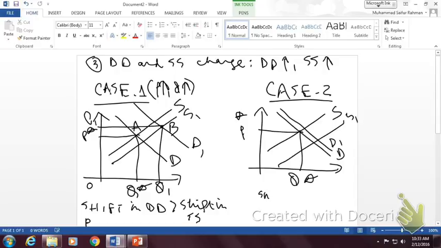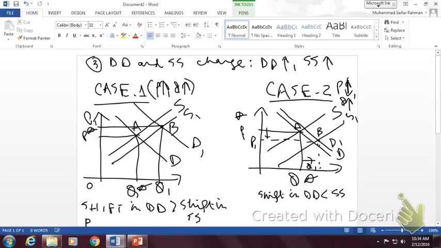So the shift in demand is less than the shift in supply. Do you all see that? It's a fundamentally different experiment. In this case, the original market equilibrium was A, the new market equilibrium is B. What you see is that equilibrium price is going down, equilibrium quantity is going up. So for case 2, price decreases and quantity increases.